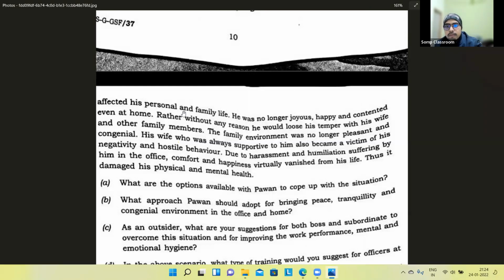We still have keywords, I guess. Emotional maturity. Motivation, morale. Yes, sir. Apart from that, within attitude, what is the sister word of attitude?